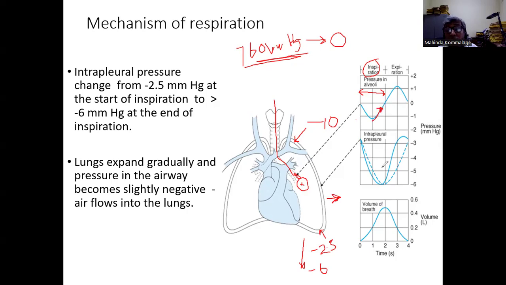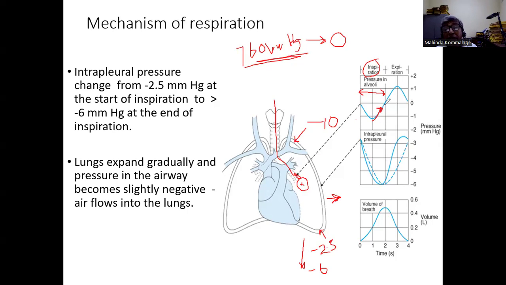But still it's in the inspiration. Intra-alveolar pressure is low, interpleural pressure is low, and the chest wall is still expanding. But intra-alveolar pressure starts to increase even in the inspiration because of the airflow.